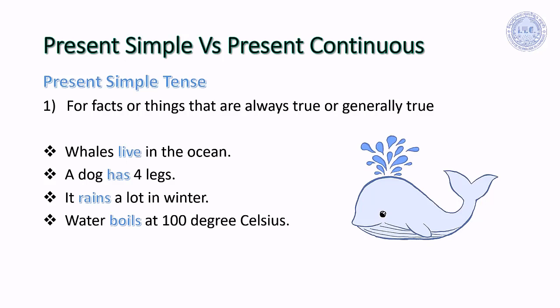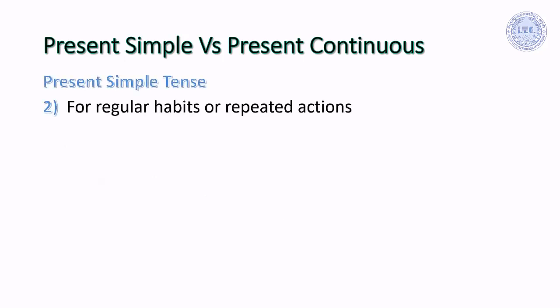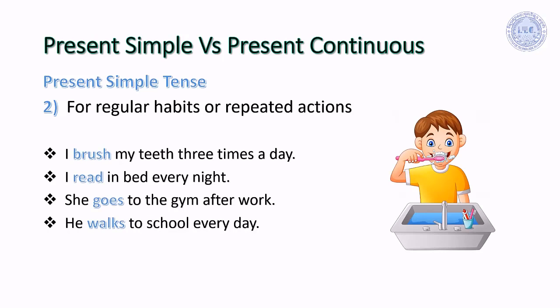The present simple tense is also used for regular habits or repeated actions. They are often daily routines and they happen always, often, generally, every week, etc. For example, I brush my teeth 3 times a day.